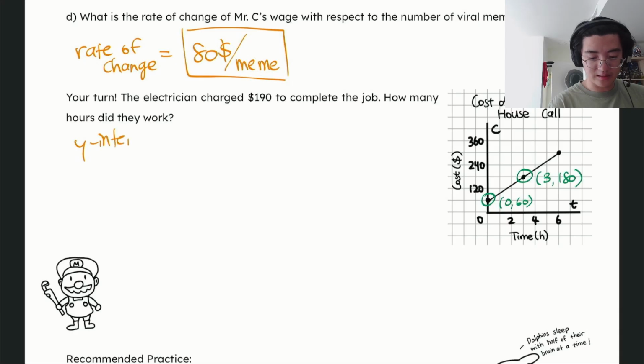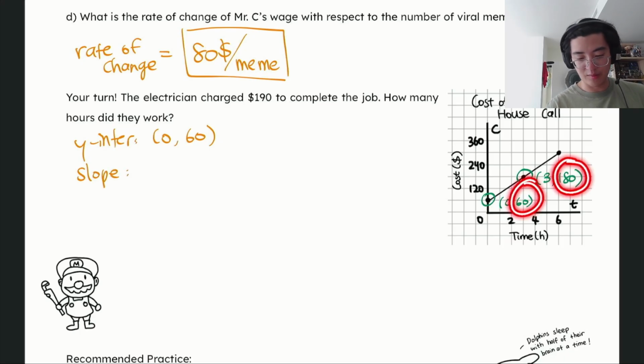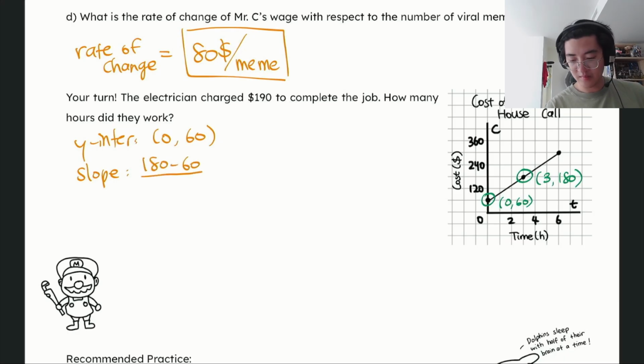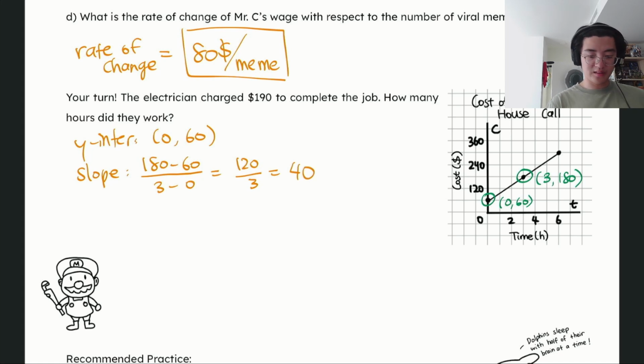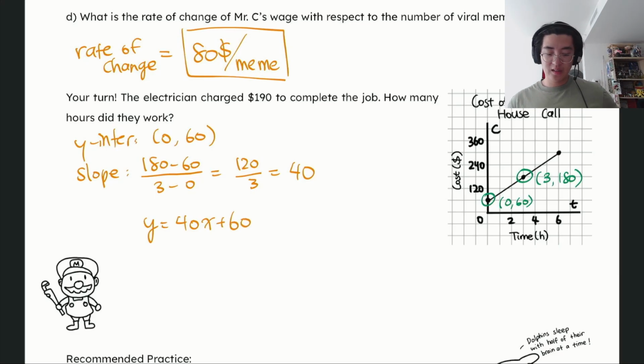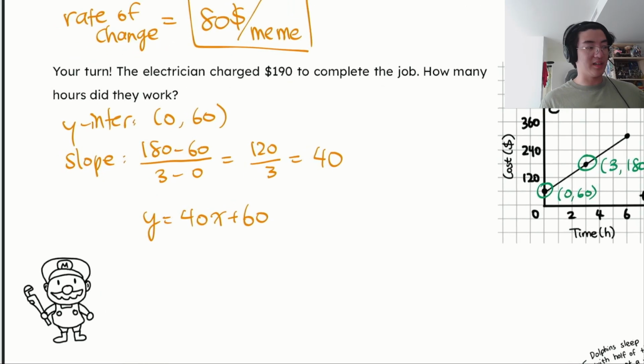Alright, the y-intercept, 0, 60. And then the slope, we have our 2 points here: y minus the y, over x minus the x. That's our slope, 40. So now in total, our equation is slope times x plus the y-intercept, which is 60. And now our final step: he was charged 190 bucks for a day.